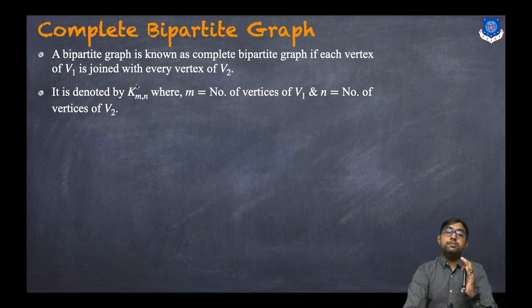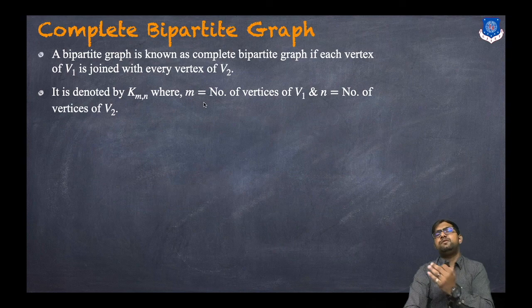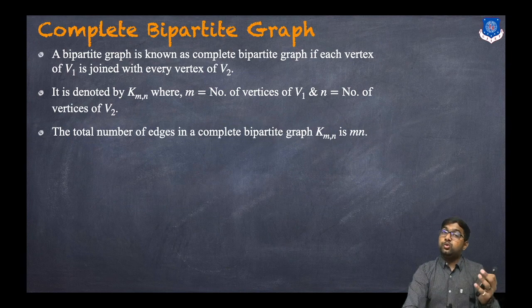It is denoted by K(M,N), where M is the number of vertices of V1 and N is the number of vertices of V2. We have the formula: the total number of edges in a complete bipartite graph K(M,N) is M into N.